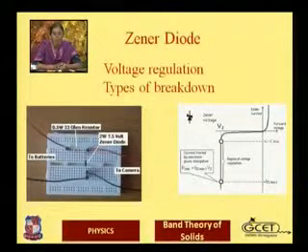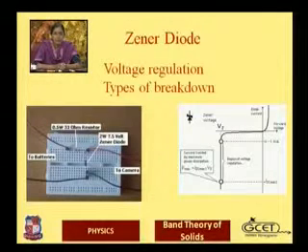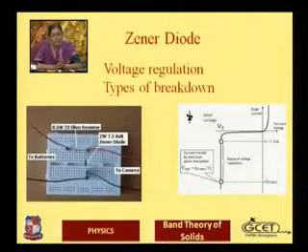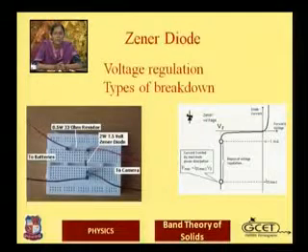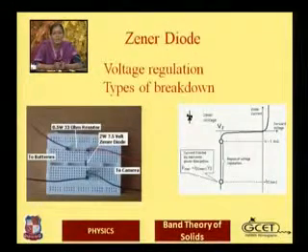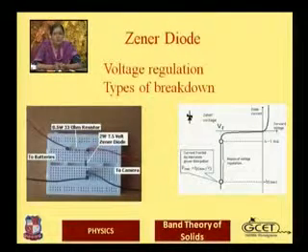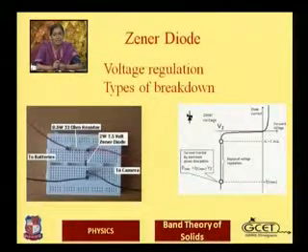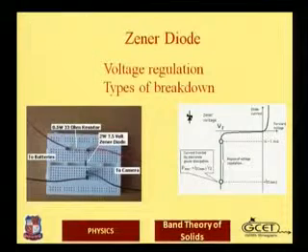What about avalanche breakdown? Avalanche breakdown is the second type of breakdown mechanism, in which the breakdown occurs in a very regular form. The electrons move and break bonds, gaining kinetic energy due to the external reverse bias voltage.